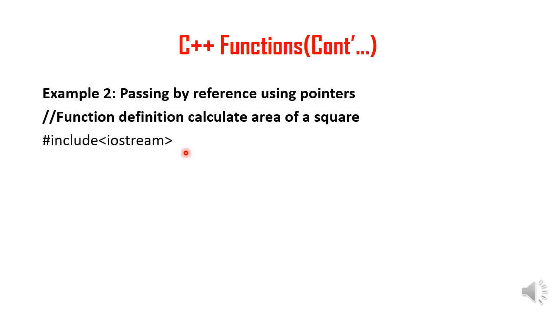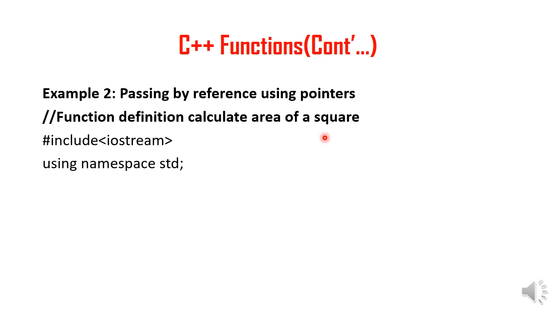So include iostream, using namespace std as usual, and on the following line we are going to create a function. You see that our function's task is to calculate the area of a square, and the area of a square is calculated by taking the side of the square times the side.